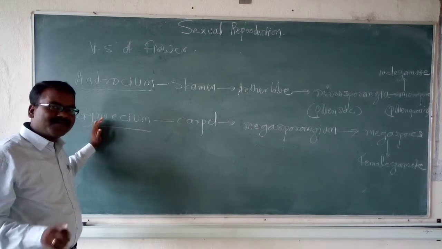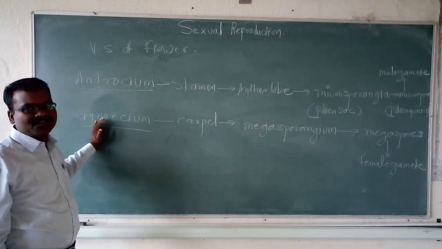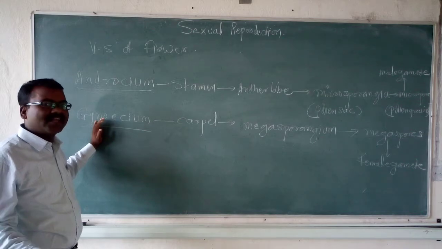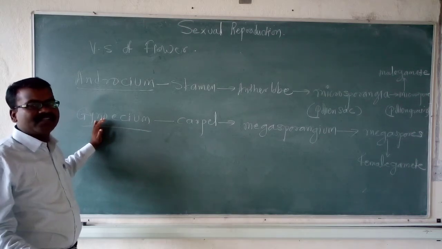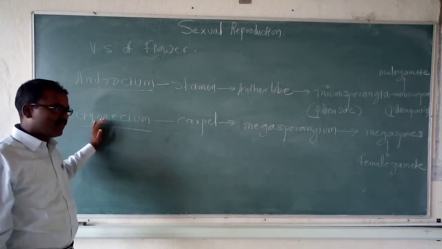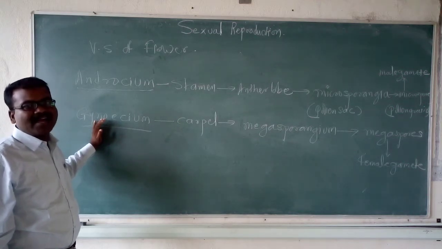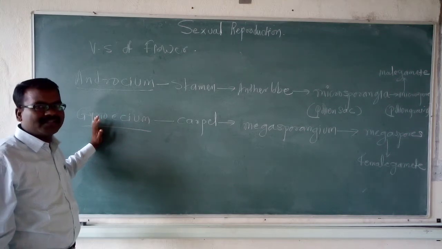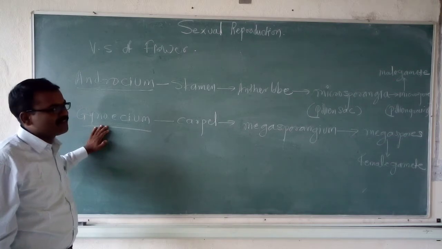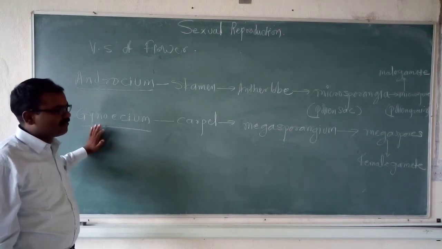They take part in reproduction, while the outer two whorls, calyx and corolla, do not take part in reproduction. They are called non-essential whorls of the flower. Androecium and gynoecium are the essential whorls of the flower.